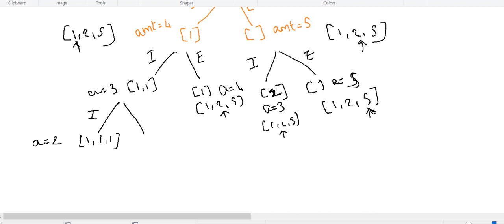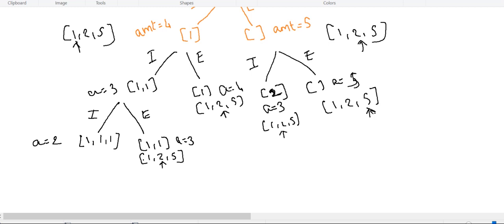I'm again not going to change the pointer, it will still point to 1. But when I exclude it, I'm going to increment my pointer. So here 1, 1, the amount is 3, and my pointer will be pointing to 2.